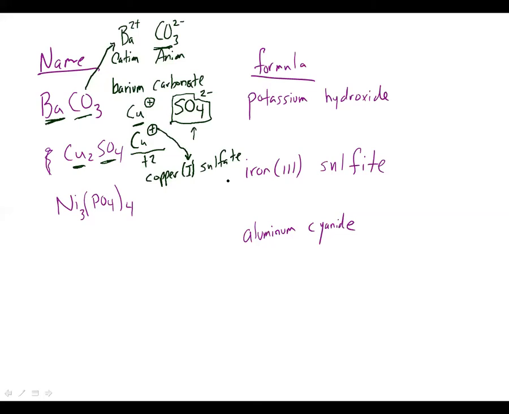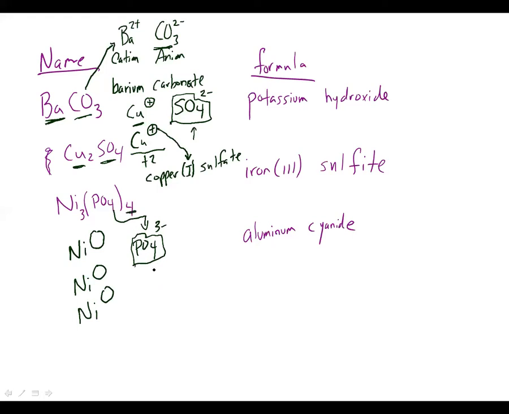And looking at the last one here, we have nickel, which again is a transition metal, so that's type 2, the big circle. Here we have 3 nickels. We know this is a polyatomic ion, PO4 3 minus. And we don't have one of them, but we have 4 of them.